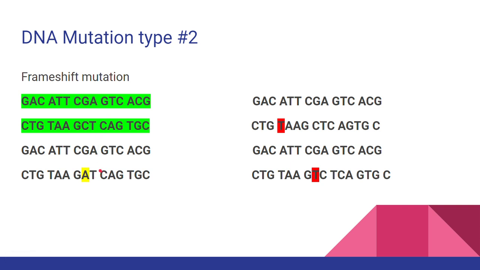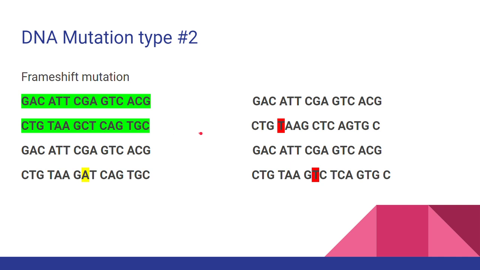This is what I call a point mutation. I do give an example right here. You're going to copy it right here, except for the C, a cytosine.